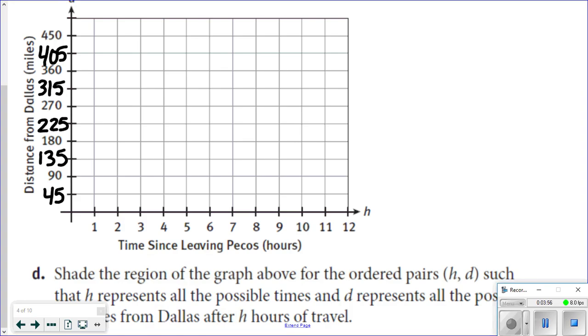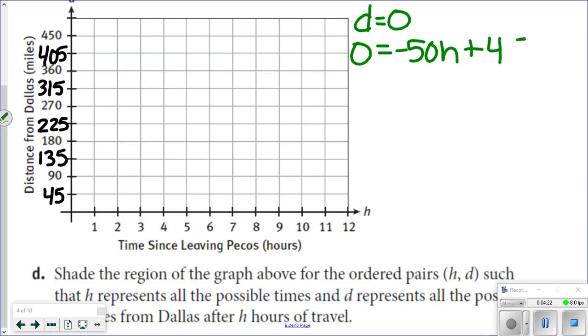So when he's at Dallas, he's obviously arrived at Dallas. So my distance from Dallas would equal 0. So we're going to plug in d equals 0 for both of our equations, and we're going to solve for h, hours. Okay, so 0 equals negative 50h plus 450.